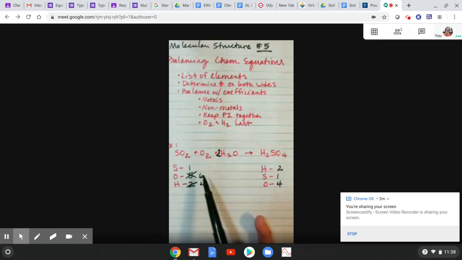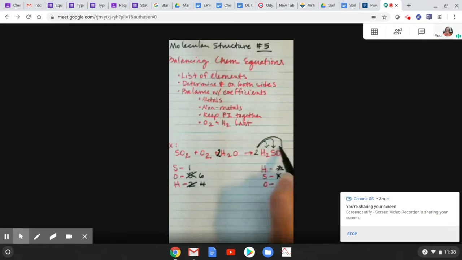So now that I've got my hydrogens kind of messed up here, I need to fix that on this side. So to fix it, I have to put a 2 in front of this, which now gives me 4 hydrogens, but that also gives me 2 sulfurs, and that now gives me 8 oxygens. So now I've got my hydrogens balanced, but I messed up my sulfurs. I'm saving oxygen for last.